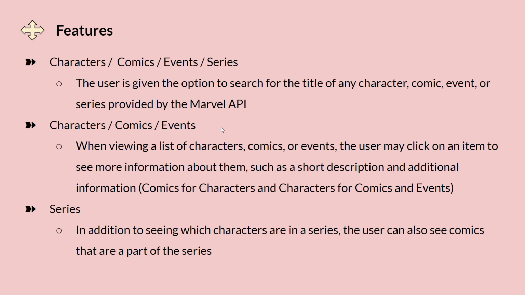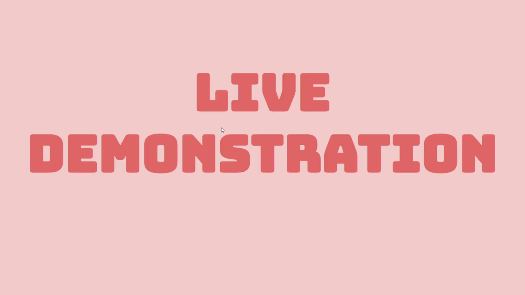So for a character, you can see the different comics the character is in, and for a comic or event, you can see the characters that are actually in that comic or event. For the series, you can see which characters are in a series, and you can also see comics that are a part of that series as well.